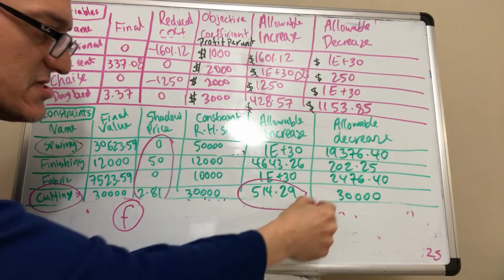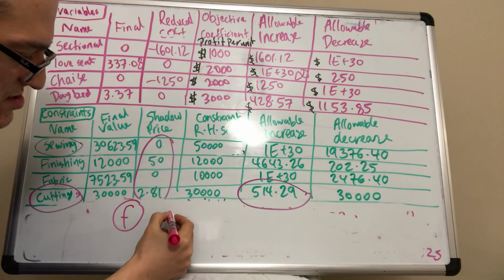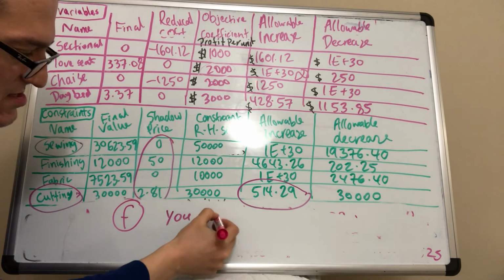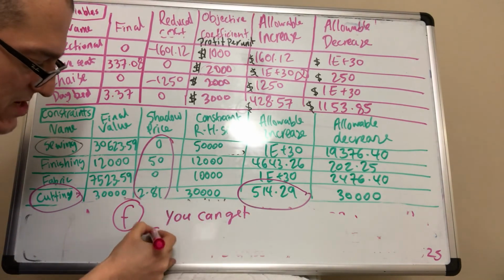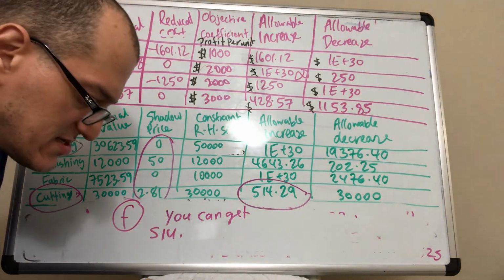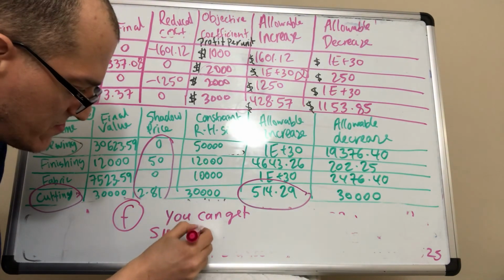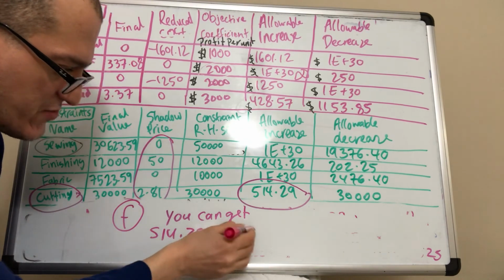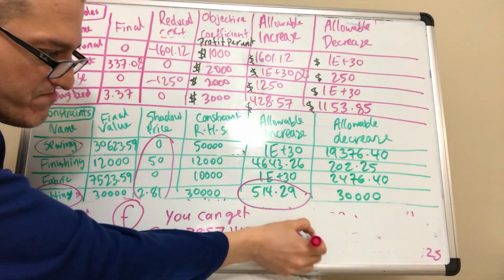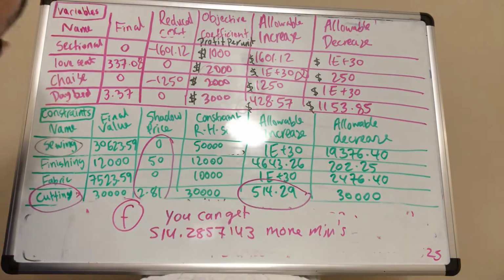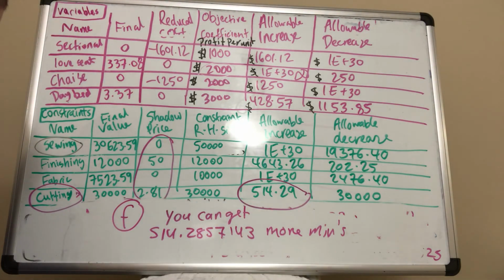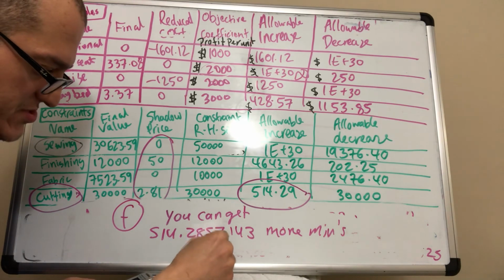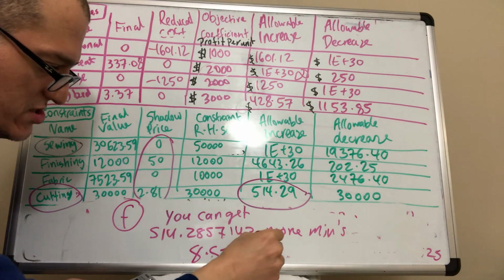Allowable increase is this. So you can get 514.2857143 more minutes, which is equivalent to, if you divide it by 60 to know how many hours, 8.5714 hours.